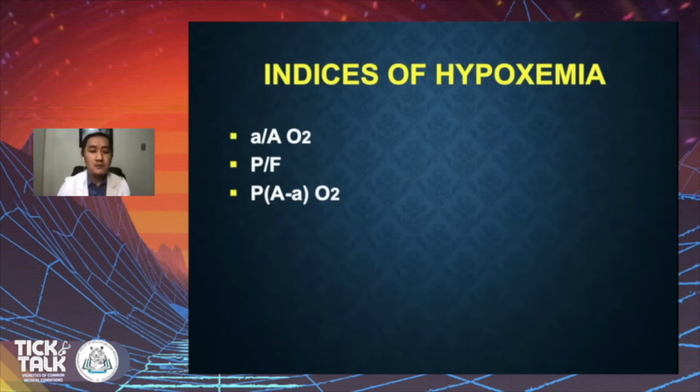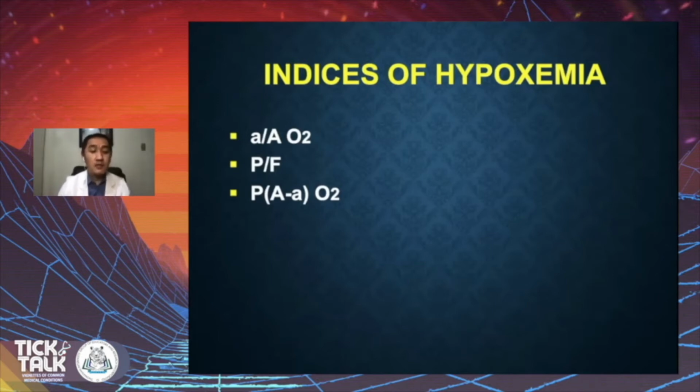But some patients cannot tolerate being without O2 supplementation. So this is the best index because it's not affected by the amount of O2 being given to the patient. The PF ratio is also an index, but this is a rough estimate.